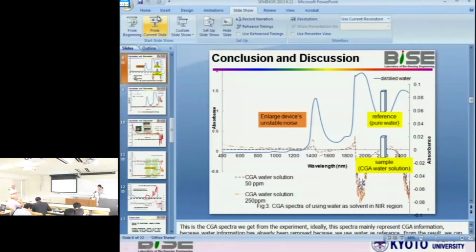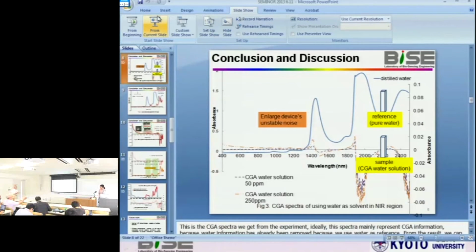If you had pure distilled water in both your reference and your sample cells in the dual beam, do you get a perfectly flat signal? You mean use water as sample and water as reference? Yes. No. The baseline is not zero, just a little flat. So it is instrumental noise. Yes.